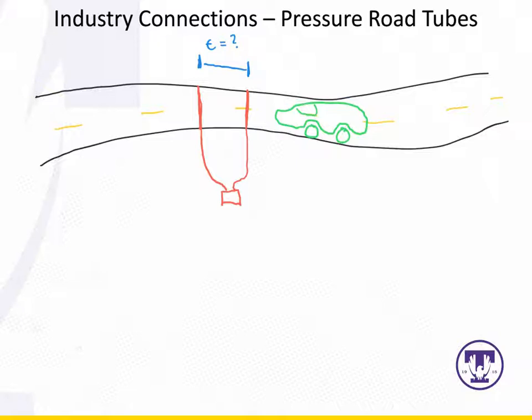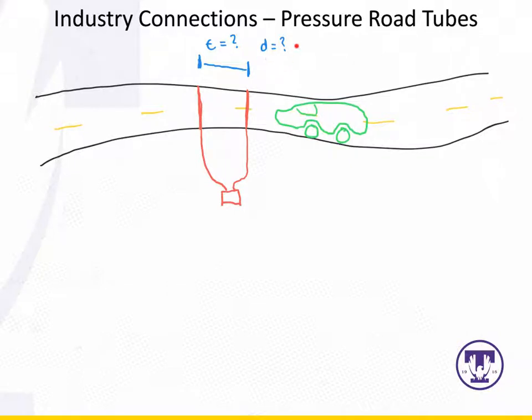We need to know how much time elapses, and we need to know the distance. If we have time and distance, we can get speed, right? So this should be very straightforward. The way that you'll get the distance is someone's going to have to tell you how far apart it is.